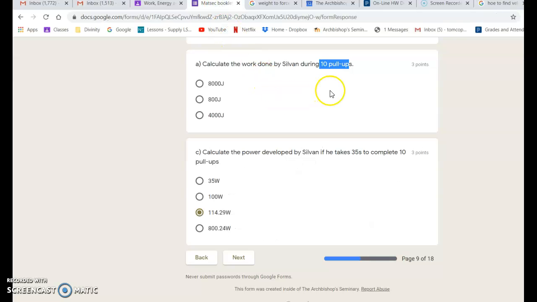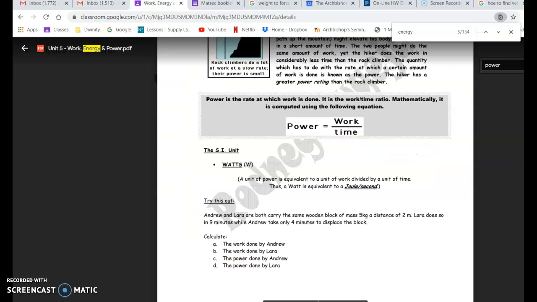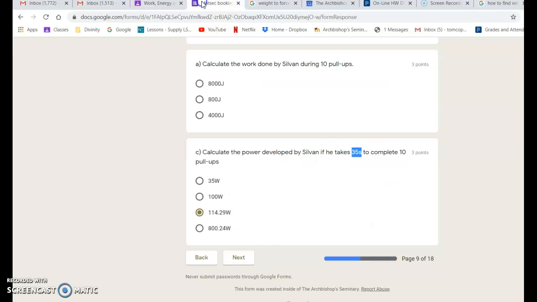You know the work done from the answer of A, and you have to divide the answer by 35 seconds because power equals work done all over time. This is the equation. And you have to find the answer between these four. So you have to do the answer of this divided by 35.